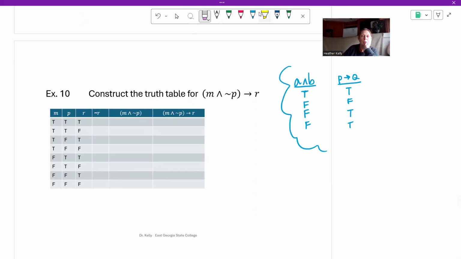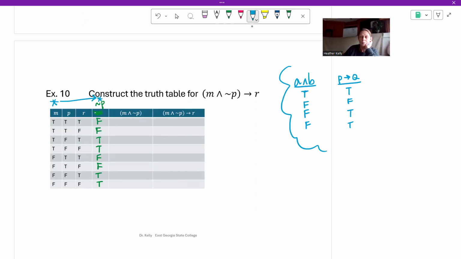We're going to scratch that out and get a not P. So all that means is we're just going to go through here and change what P's got. And then now we need an M and not P.